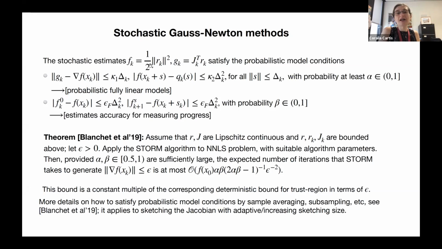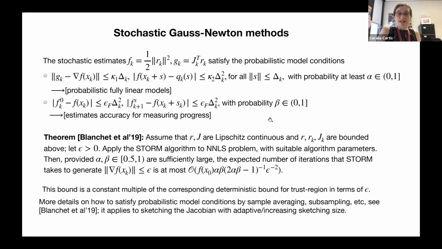Okay, and similar properties for the function in the trust region. But these only have to hold with a certain probability alpha. So the gradient is sufficiently accurate, not exactly accurate, with a certain probability alpha, and then the estimates that we use to measure progress also have to be sufficiently accurate with at least a probability beta.